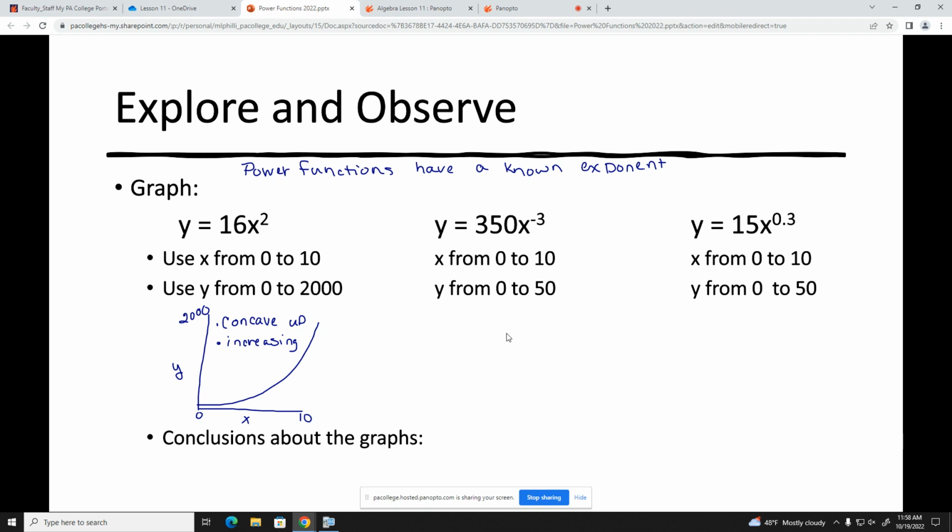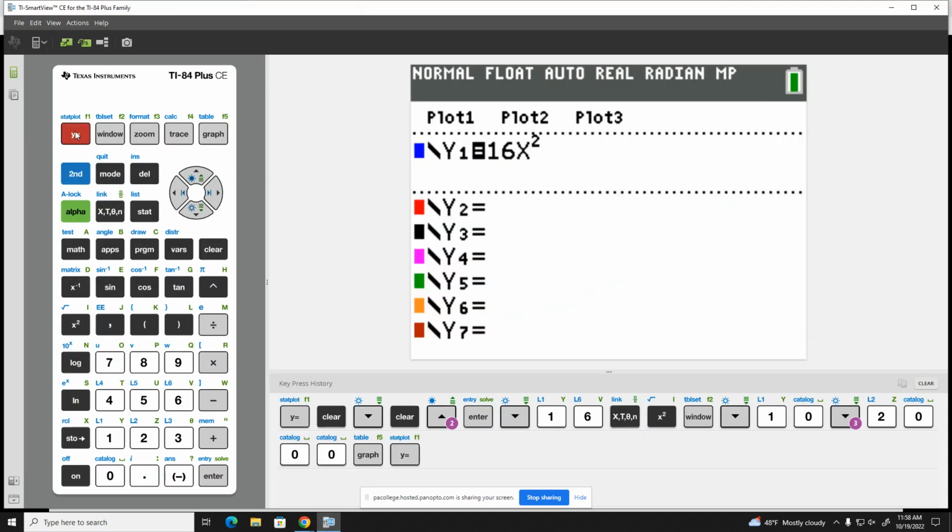So the second graph that I'm supposed to create is y equals 350x to the negative 3. And again, it gives me the window. So going to my calculator to the y equals, we had 350x to the negative 3.